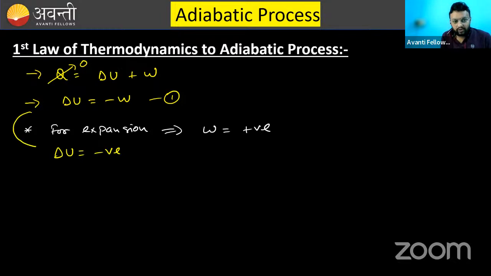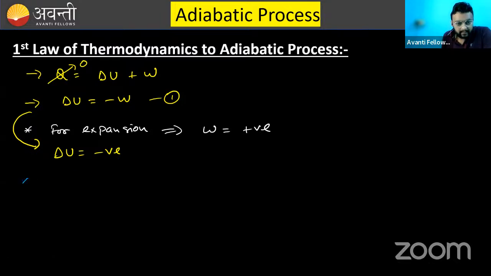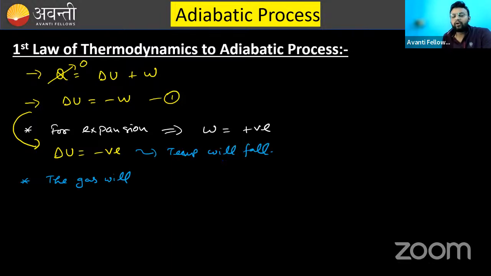From equation 1, you can see that if W is positive, delta U is negative. What is the significance of delta U negative? Delta U negative means temperature will fall. Fall means decrease. So what does it mean? The gas will cool down in adiabatic expansion.